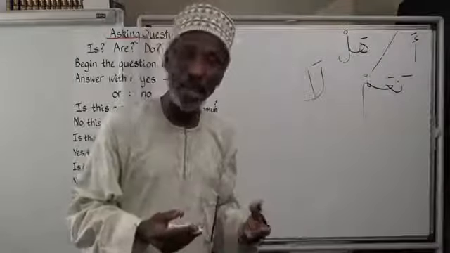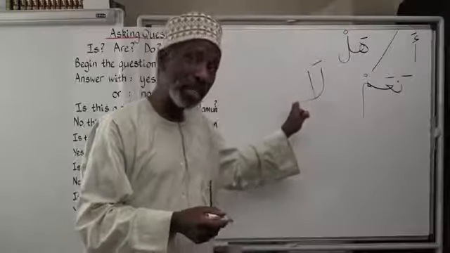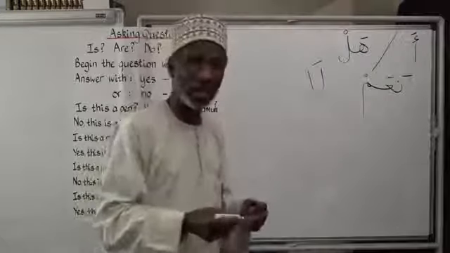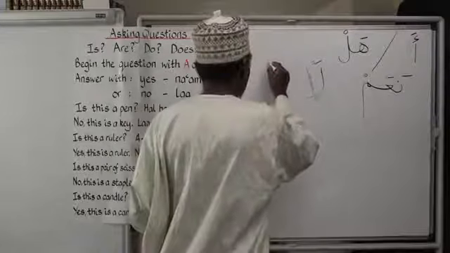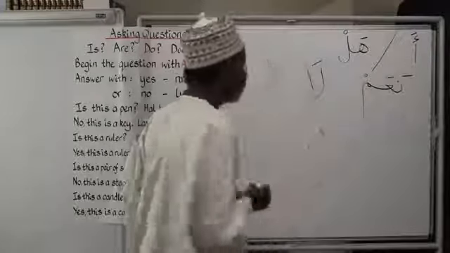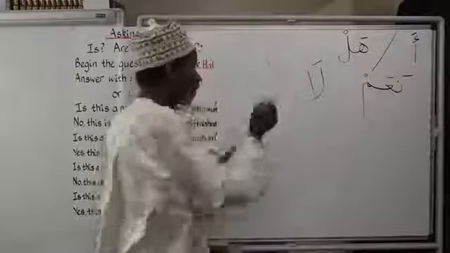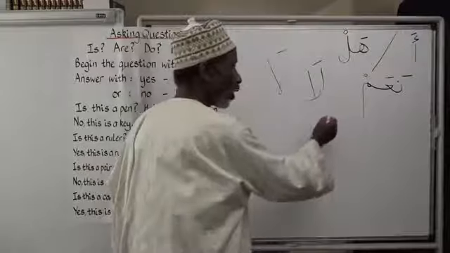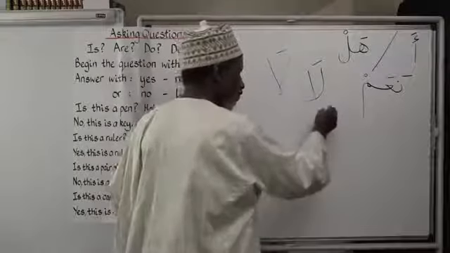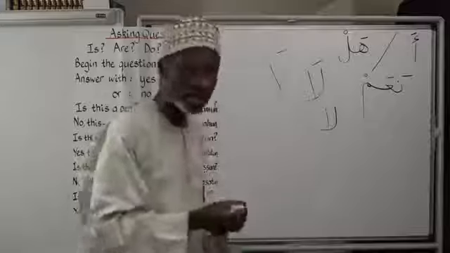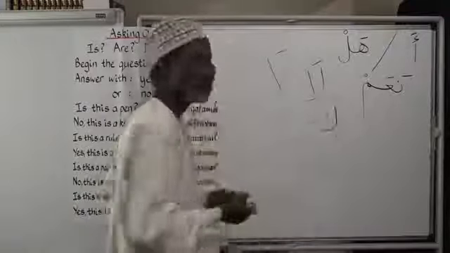La is called lam alif. It is better to write it this way: write your lam, extend it, and then drop the alif inside it. And don't forget to put your fatha if you wish.